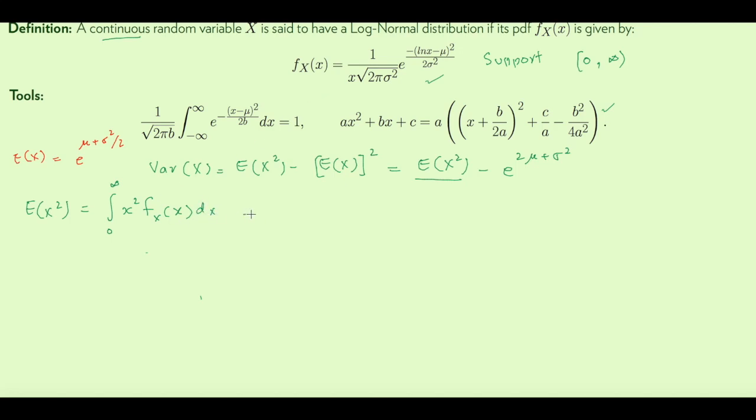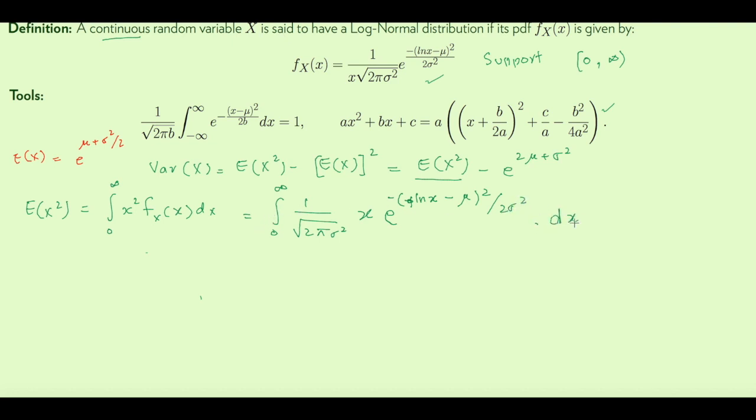So then I can write integral from 0 to infinity of 1 over root 2 pi sigma squared x times e to the minus, natural log of x, sorry, outside this is plus, minus mu, squared divided by 2 sigma squared, and dx.